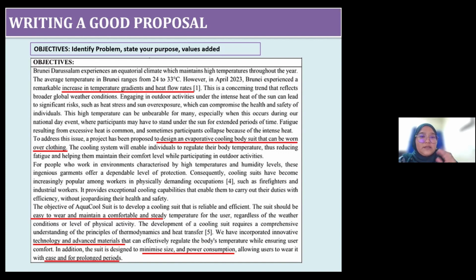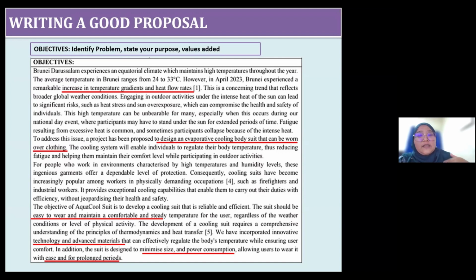This is the identified problem: they were saying that in their country the temperature is getting higher, and temperature gradients and heat flow rates increase, especially in certain months. So for their invention, they want to propose designing this evaporative cooling bodysuit.